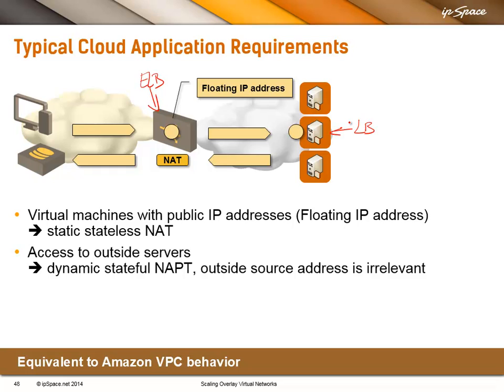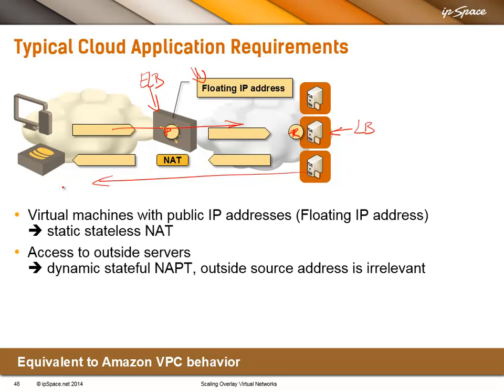In any case, we need a one-to-one mapping between what is usually called the floating IP address, which is a public IP address on the outside, and a private IP address on the inside. This is a one-to-one mapping in most cloud orchestration systems, and there is no state because there is a one-to-one mapping between them. Or some inside VM needs to access outside resources, the global internet or some external resources.